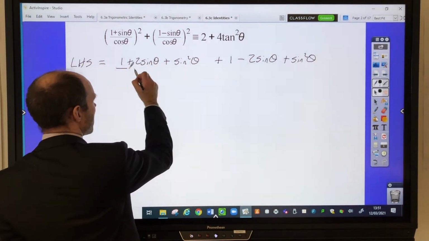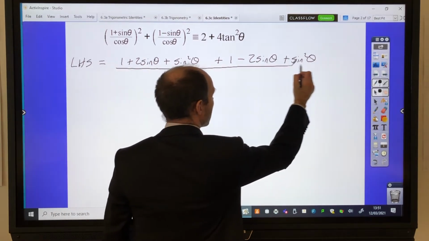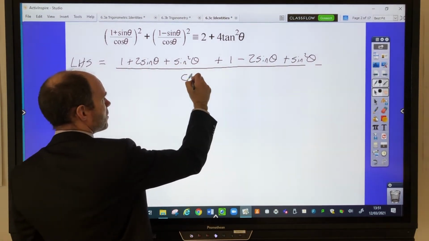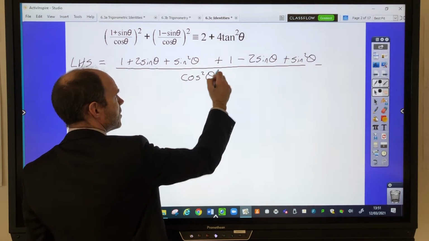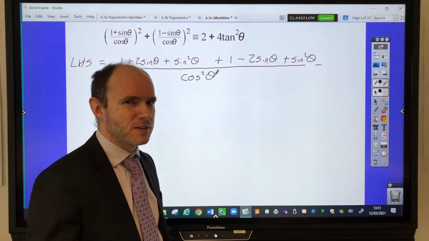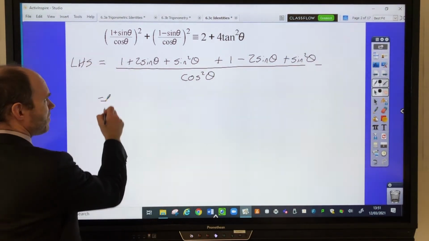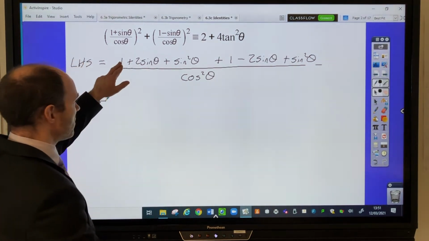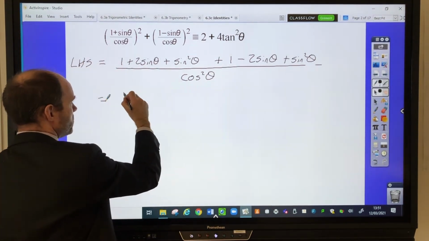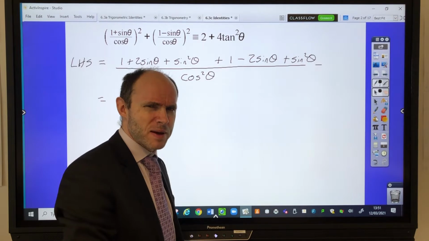It's handy because I can actually write all of this as one fraction, and I'll have cosine squared theta on the denominator. Right, next line. I'm going to simplify that. So I've got 1 plus 1, which is 2. Nice bit of mathematics there, you'll notice.